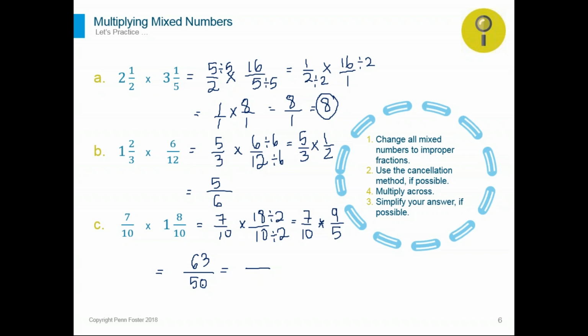Ignore the digits in the decimal, but take the whole number, which is going to be a 1 if you try it on your calculator. 50 will stay in the denominator as is, and to determine the remainder, or the numerator of that mixed number, you simply multiply 1 times 50 to get 50, and then subtract 63 minus 50 to get the remainder 13. And this is the final answer. 1 and 13 over 50 is the final answer, or the final product.